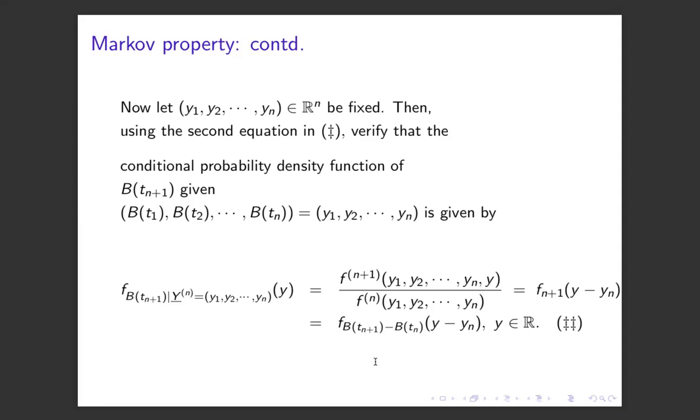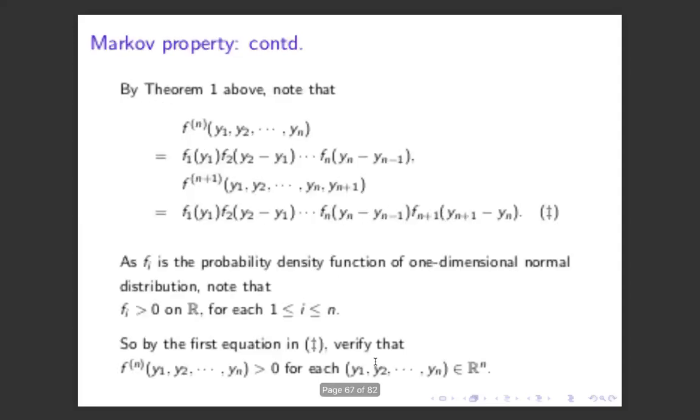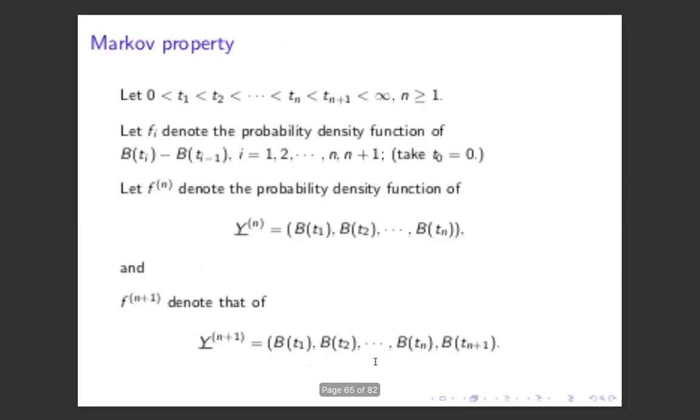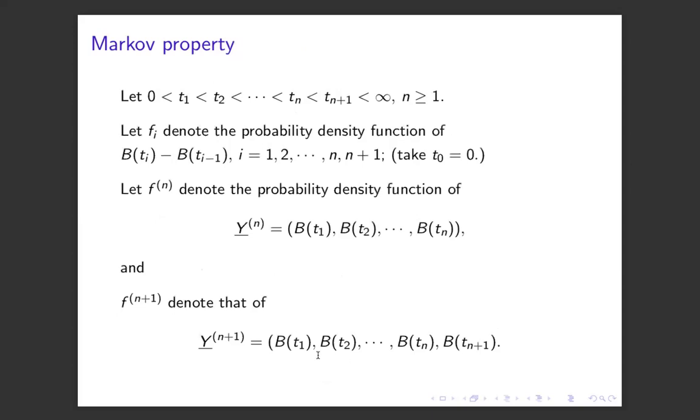So basically, the argument is very, very simple. Using that theorem, we take Bt1, Bt2, ..., Btn and Bt1, Bt2, ..., Btn, Btn plus 1, and denote the corresponding multi-dimensional density functions by f super n and f super n plus 1. Our purpose is to talk about the conditional density of Btn plus 1 given Bt1, Bt2, ..., Btn equal to some vector in Rn.